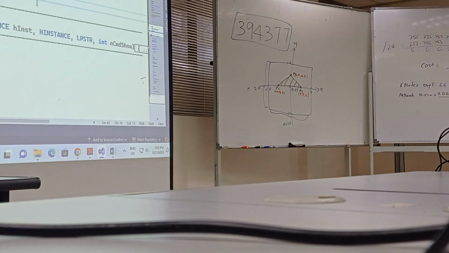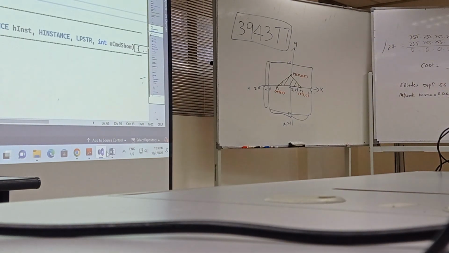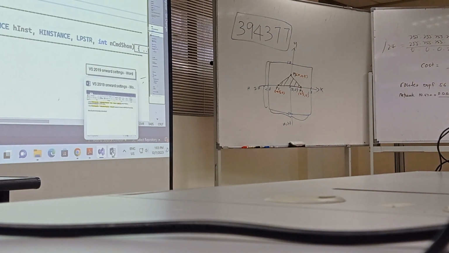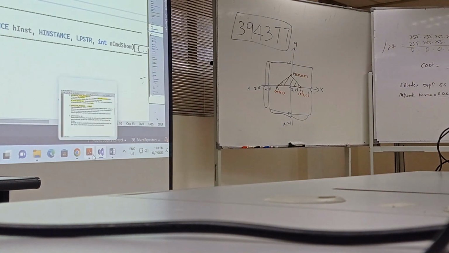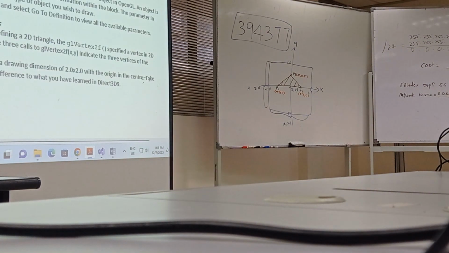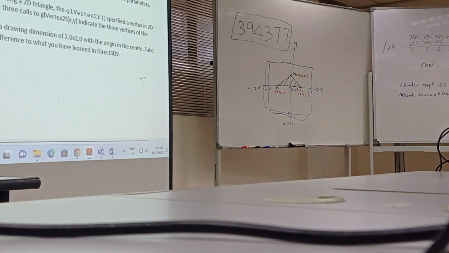So how do we put the three points in? In graphics terms, we call each point a vertex. You learned yesterday, vertex. So we will use glVertex2f, and you see the 2f here means two floating point values, passing x and y.